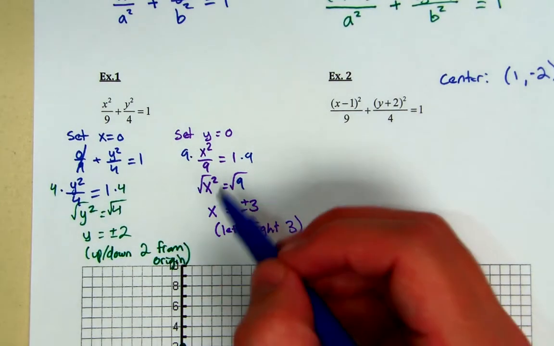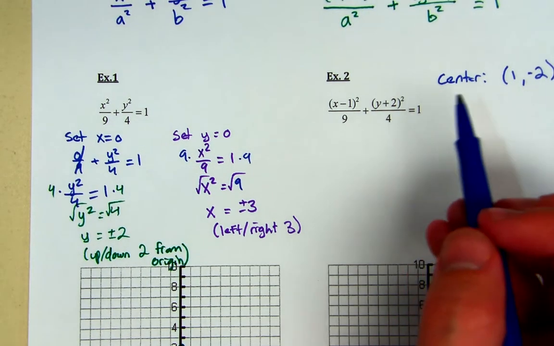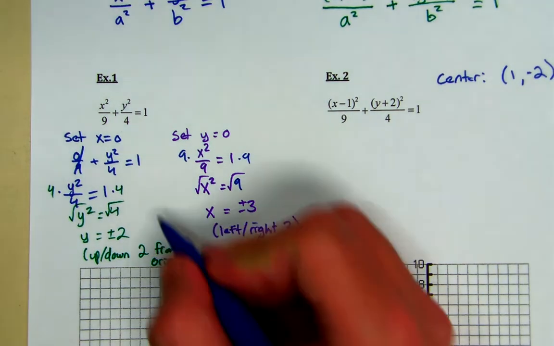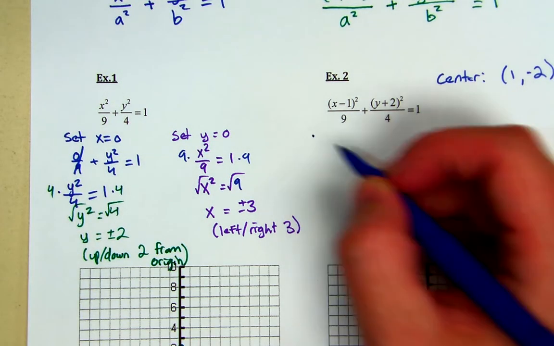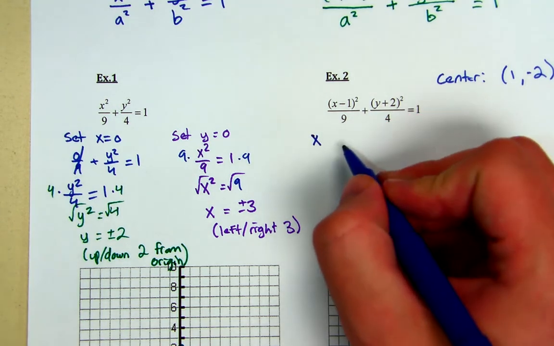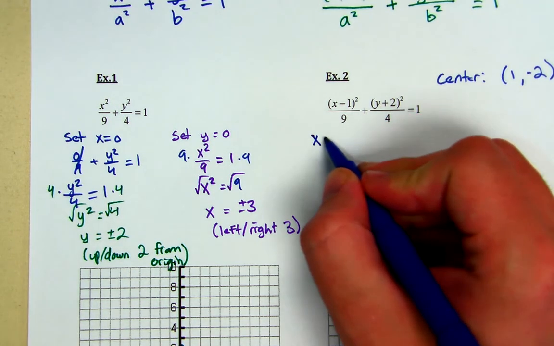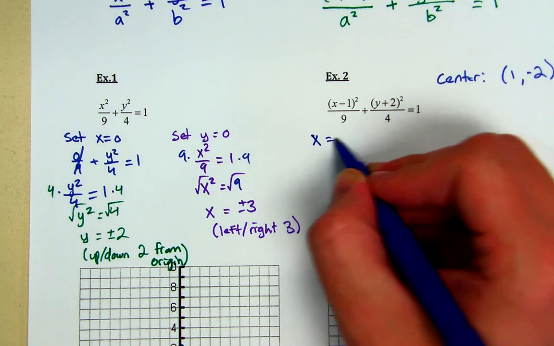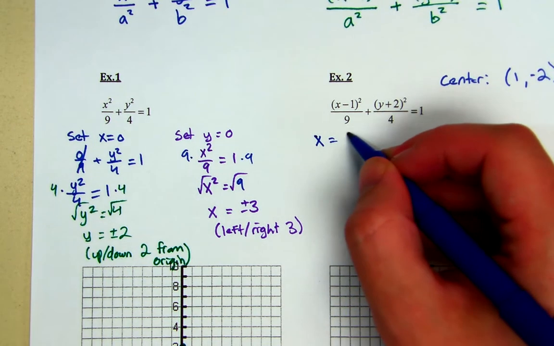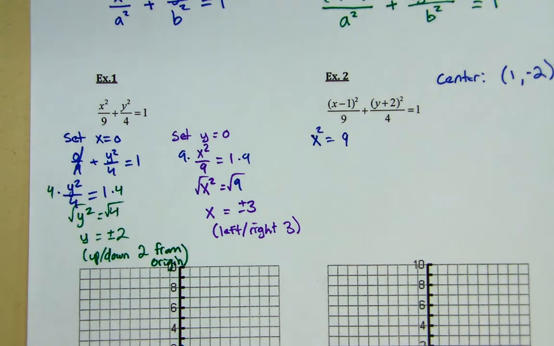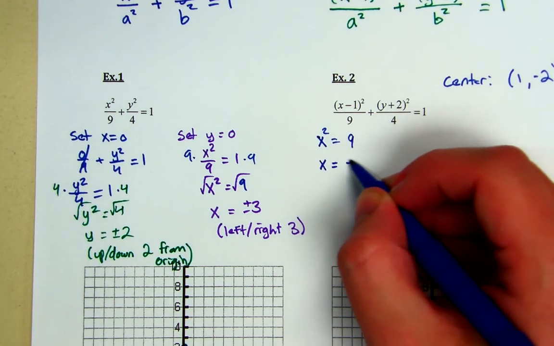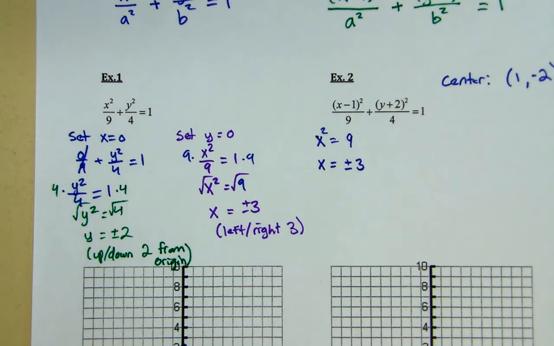Now instead of setting x equal to 0 here, you would want to set it equal to the value that makes it 0. Or you may have realized from the last example that x squared is going to equal 9, so then x equals plus or minus 3.